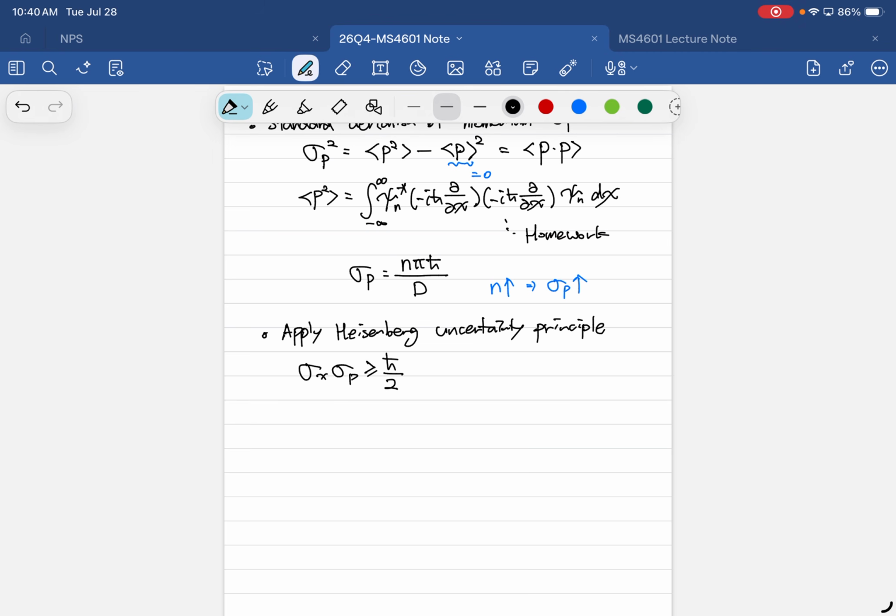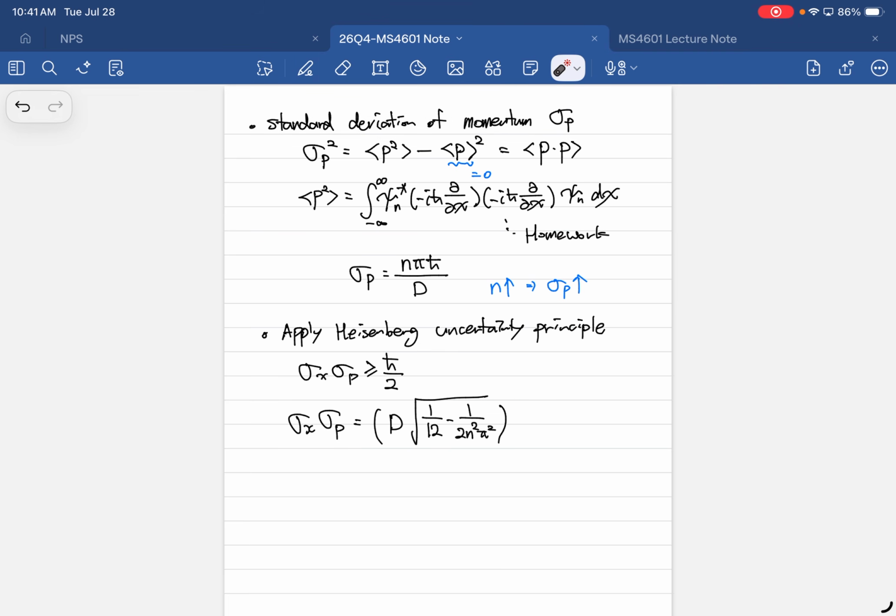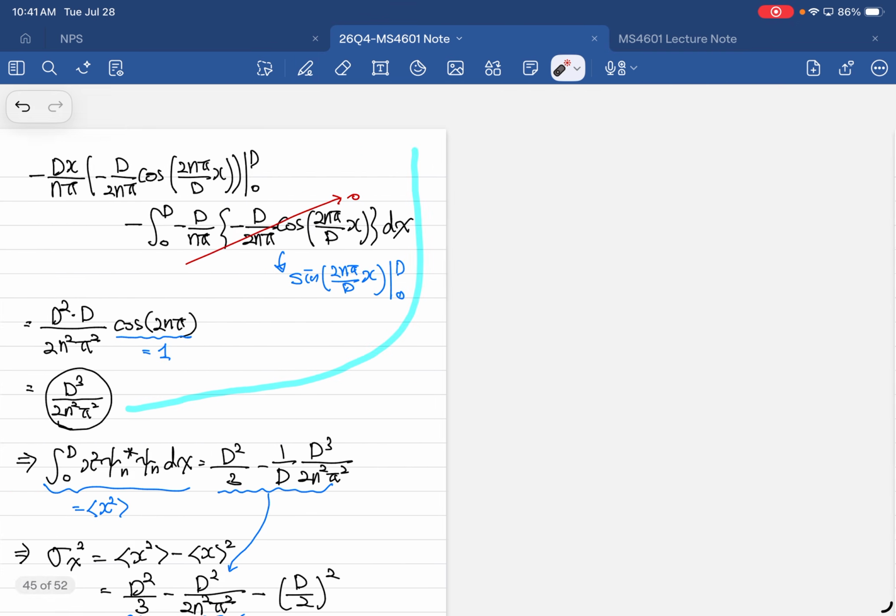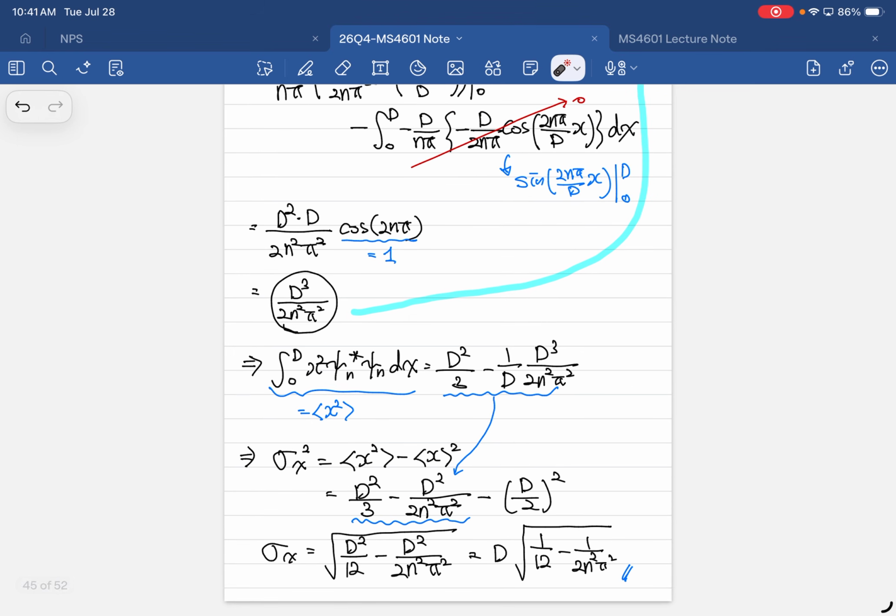We already obtained sigma x and sigma p. For this particular case, the infinite potential well, sigma x was d times the square root of 1 over 12 minus 1 over 2 n squared pi squared. I'm just copying this value that we already obtained.